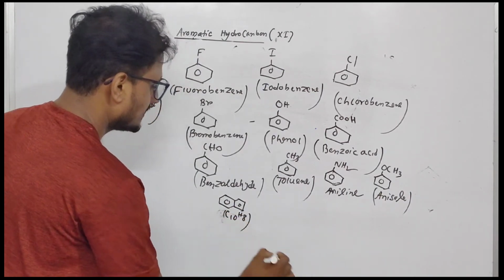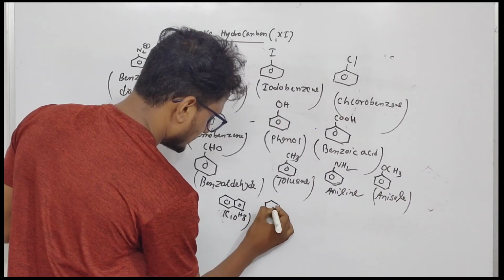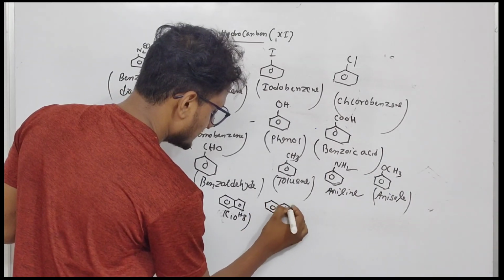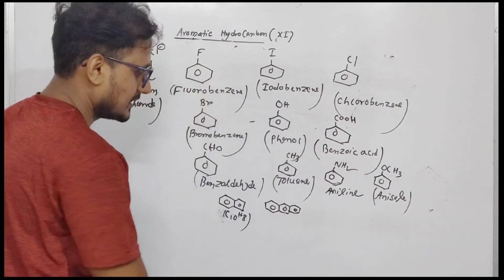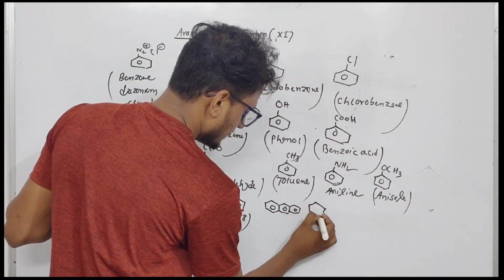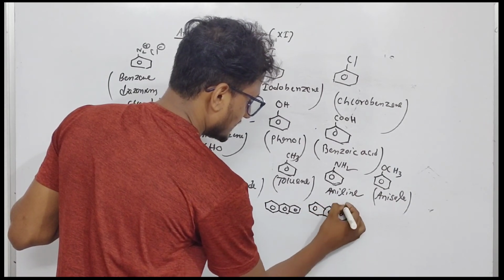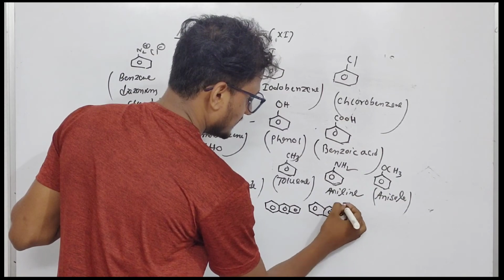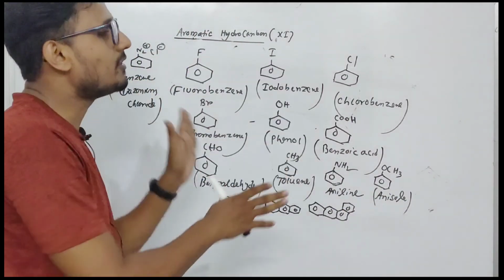So it is nothing but naphthalene. Okay. We have another one, with three benzene rings fused together, that is called anthracene. And we have another one, which has four benzene rings, and it is called phenanthrene. Okay, so these are the compounds of benzene.